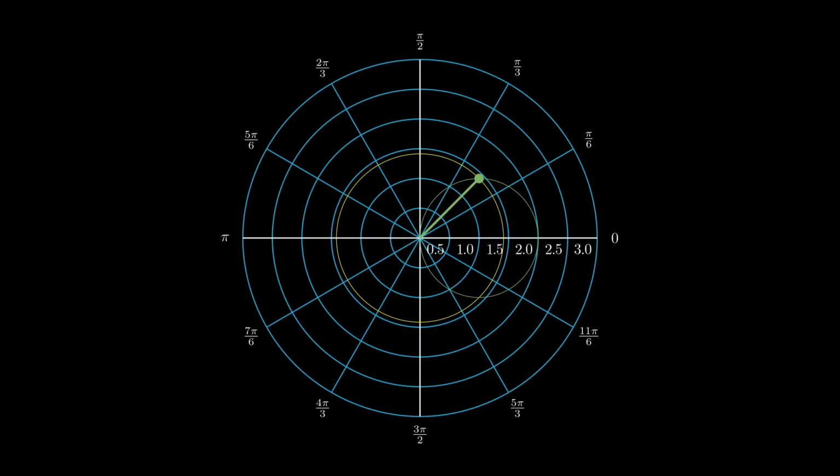And now the green area that I just highlighted, that represents the area that is contained in the curve r equals 2 cosine theta, from theta equals pi over 4 to theta equals pi over 2. And then the red area represents the area of the curve r equals square root of 2 from 0 to pi over 4.